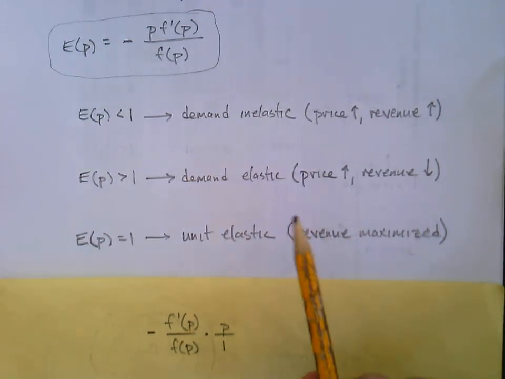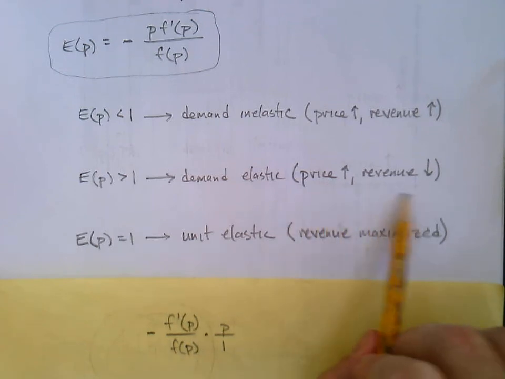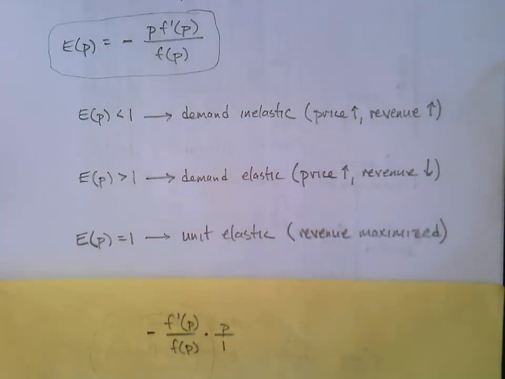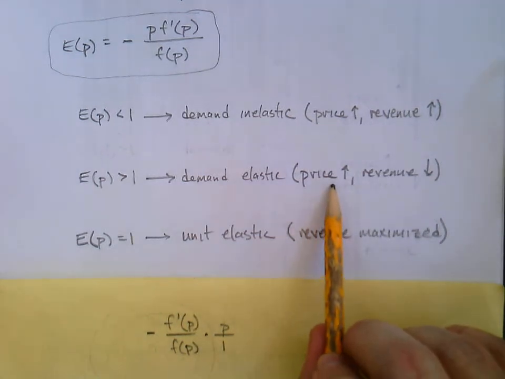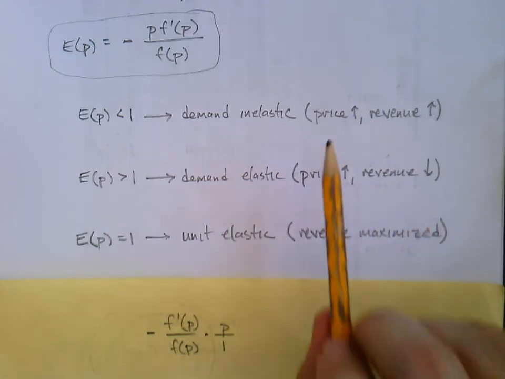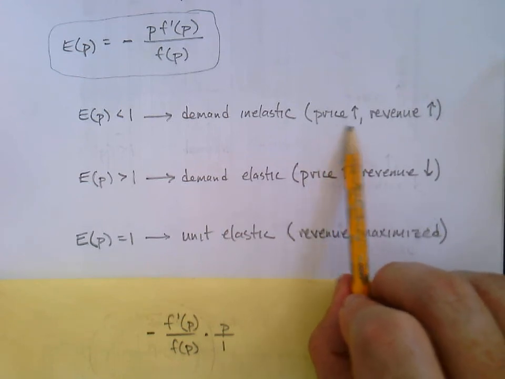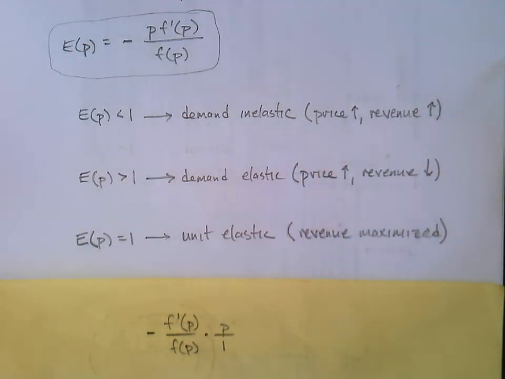Actually, let me back up. Raising your price even a little bit will drop your revenue. So it's almost like the price is already too high. If you keep jacking up that price, you're just driving more and more people away. Where inelastic would say you were not charging enough, so if you raise the price, your revenue still goes with it because people agree it's worth more.